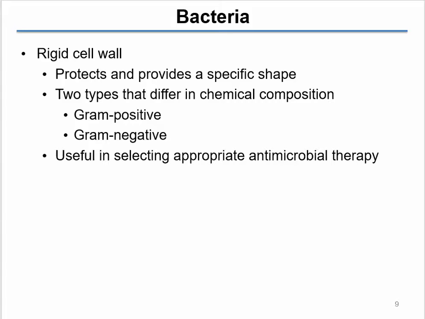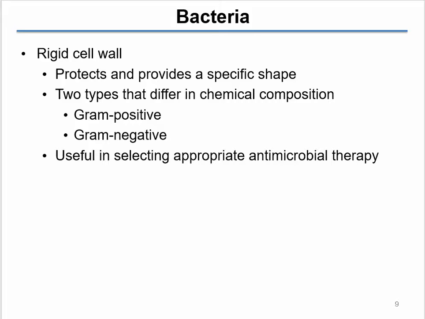Gram is a type of stain. You put in the culture of bacteria, and if the cell wall picks up the stain and stains purple, it will be a gram positive bacteria, and if it doesn't, it will be a gram negative bacteria.